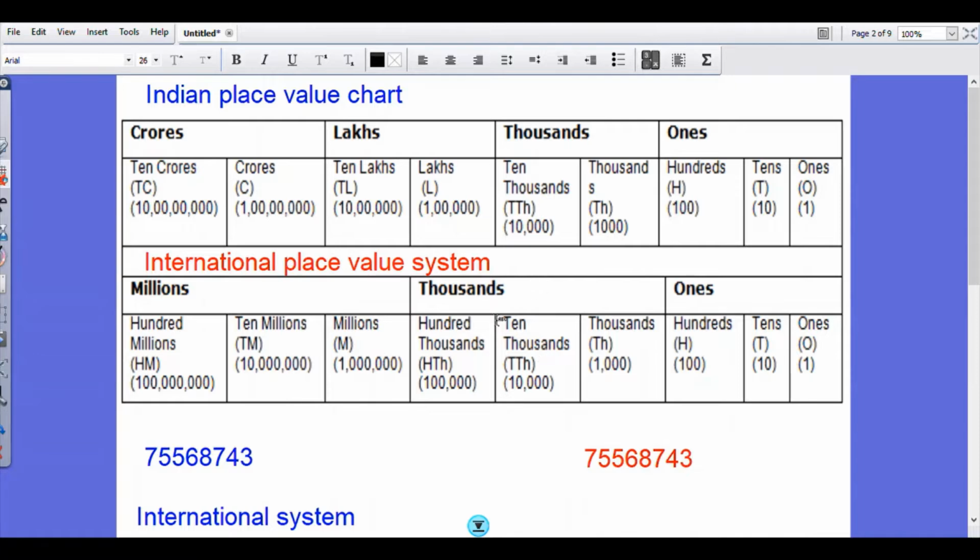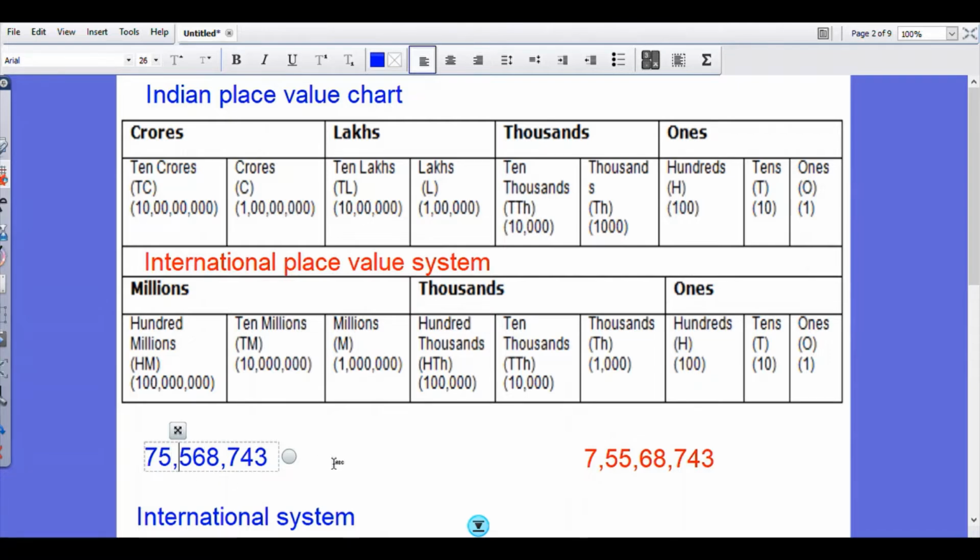The difference is in how the digits are separated by commas. In the Indian system, first three digits, then comma. Further, it will be grouped in groups of two and two. Here in the international system, groups of three, again three.